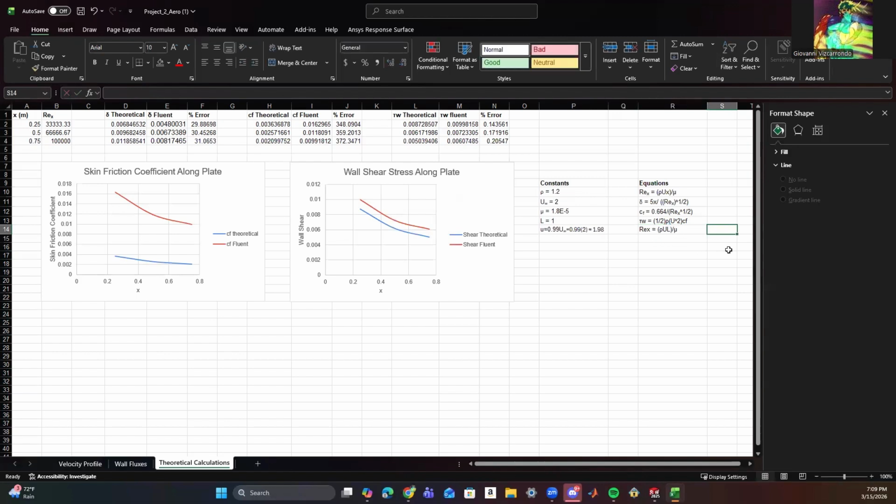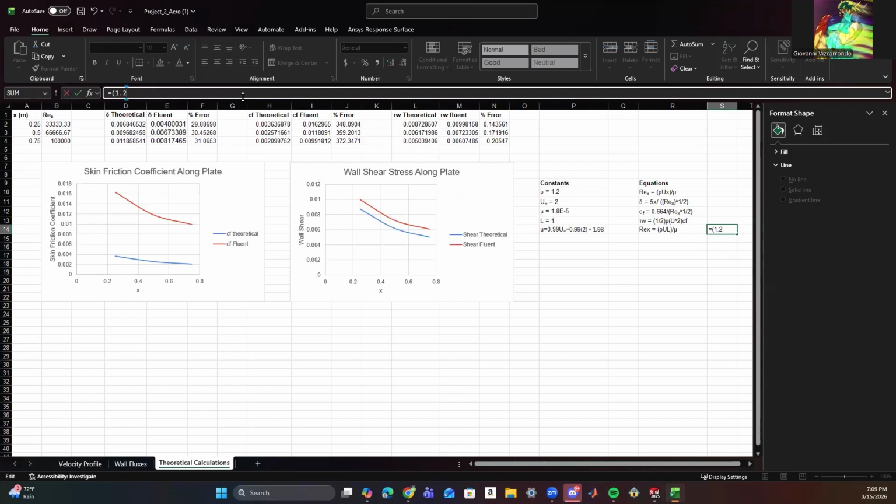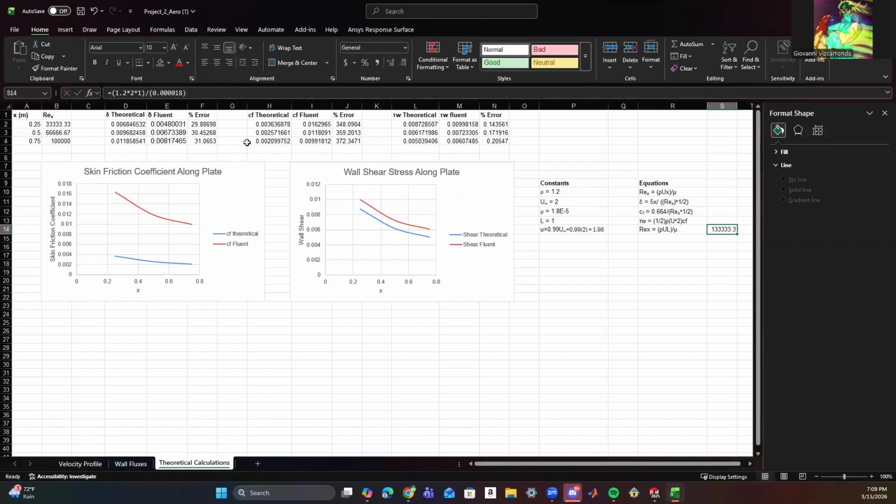For that, we're just going to do 1.2, 2, 1, divided by 1.8. That's what we get for RE.